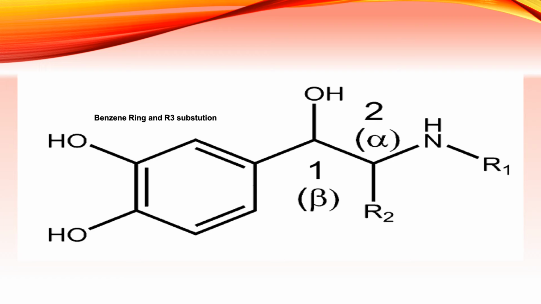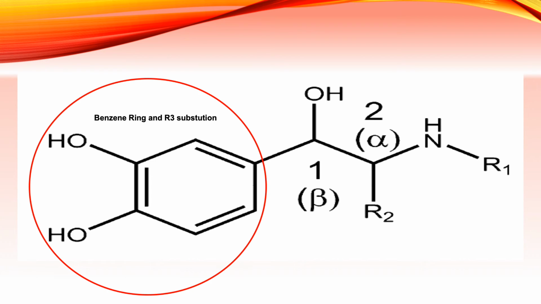So now we've reached the third chunk of our beta-phenylethylamine structure, and that is with our benzene ring and R3 substitution. Originally, our two hydroxy substituents are attached in position 3 and position 4. So the 3,4 dihydroxy substituted benzene ring is a must for excellent receptor activity for both our alpha and beta sites.